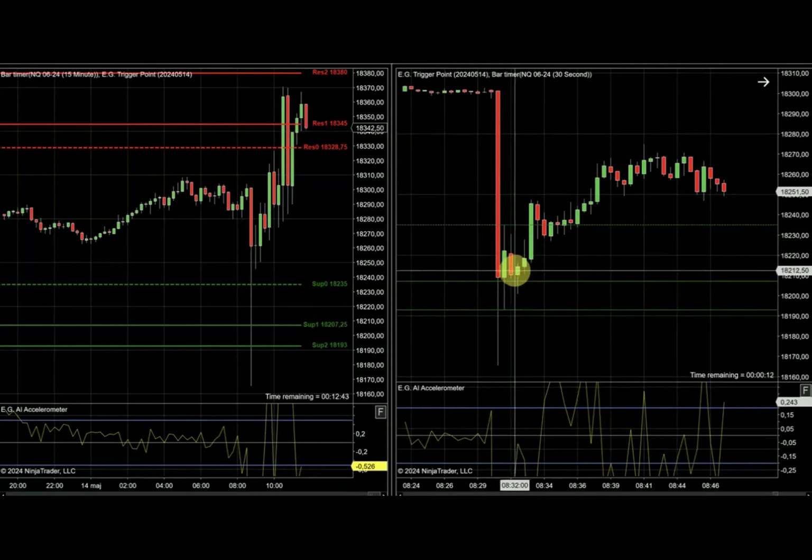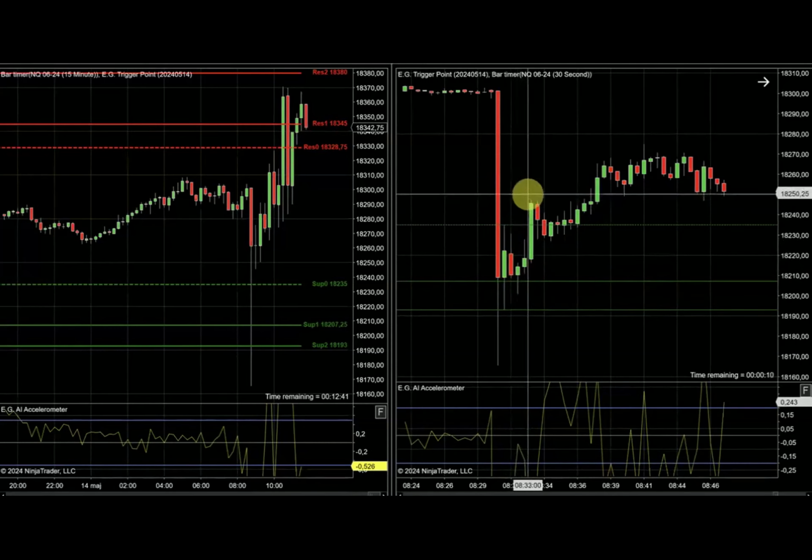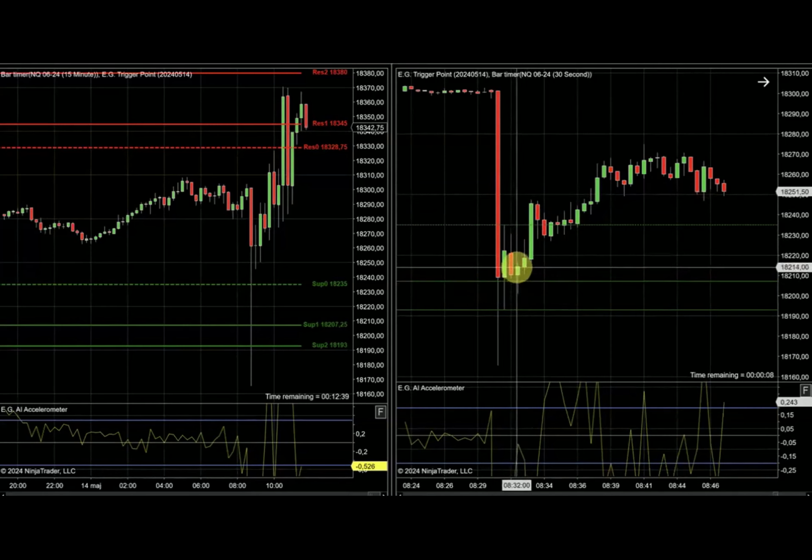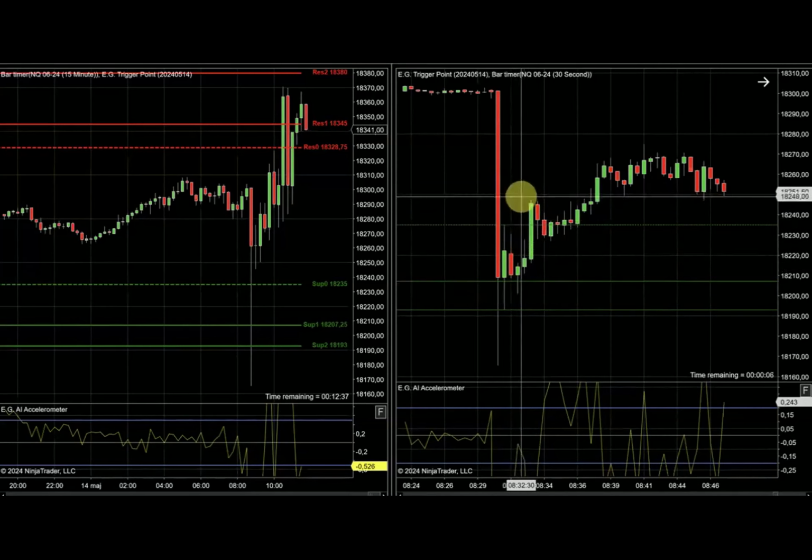be repeated. So this move could have given, if I would take this trade, 30 points. Trading two contracts, which I prefer to do, just to book some profit and then let the other part keep trading.